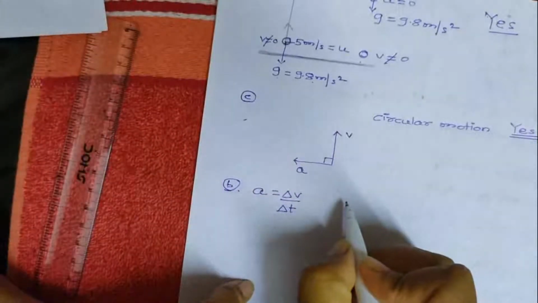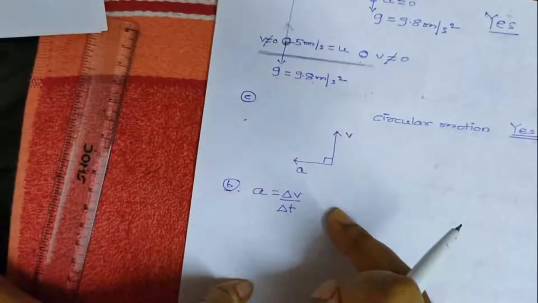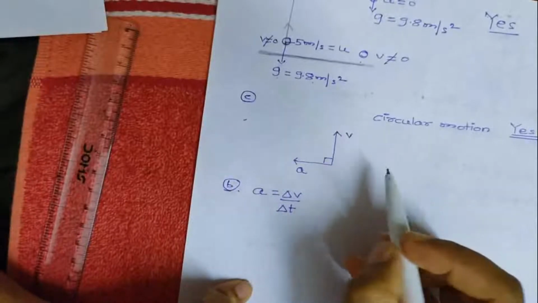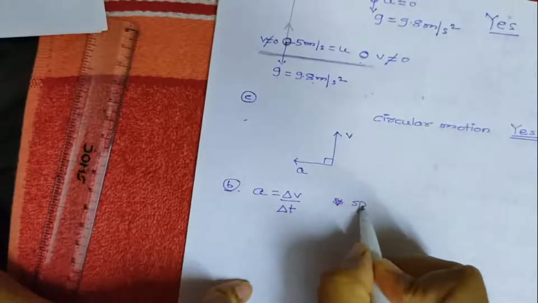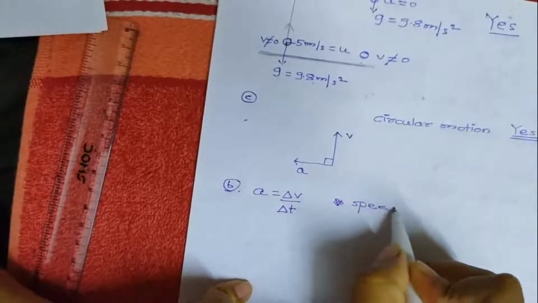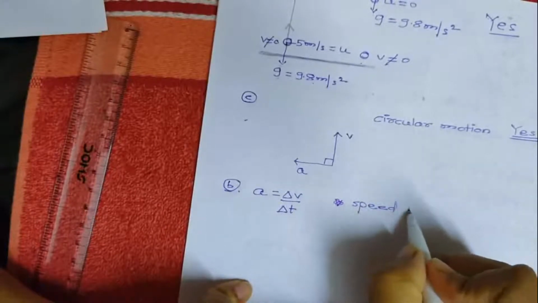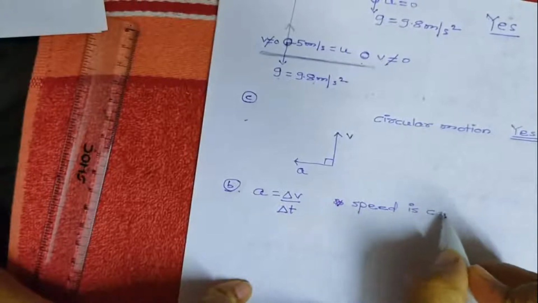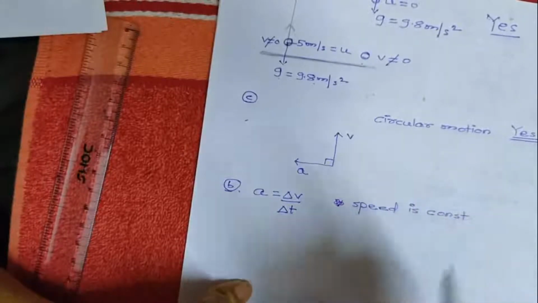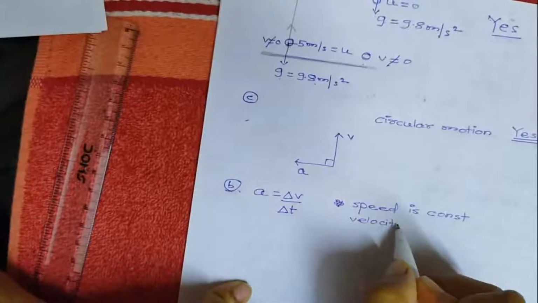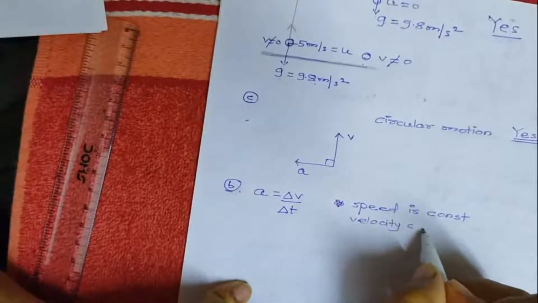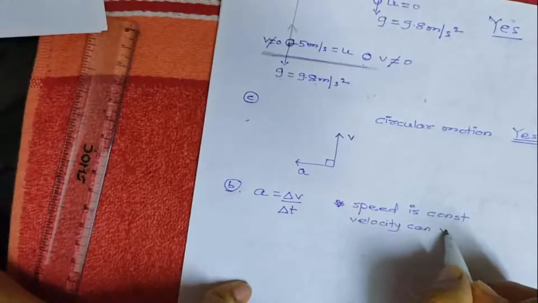Speed is the same, but it is not saying that velocity is the same. So speed is constant, which means velocity can vary. Agree?